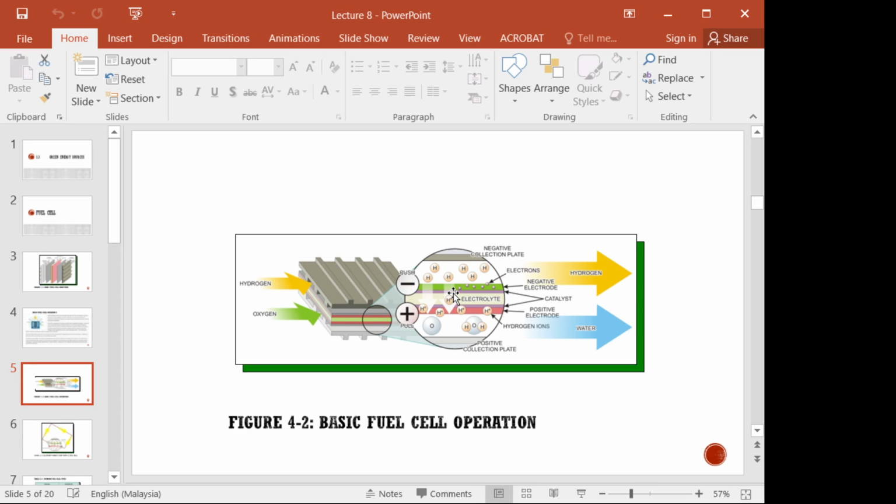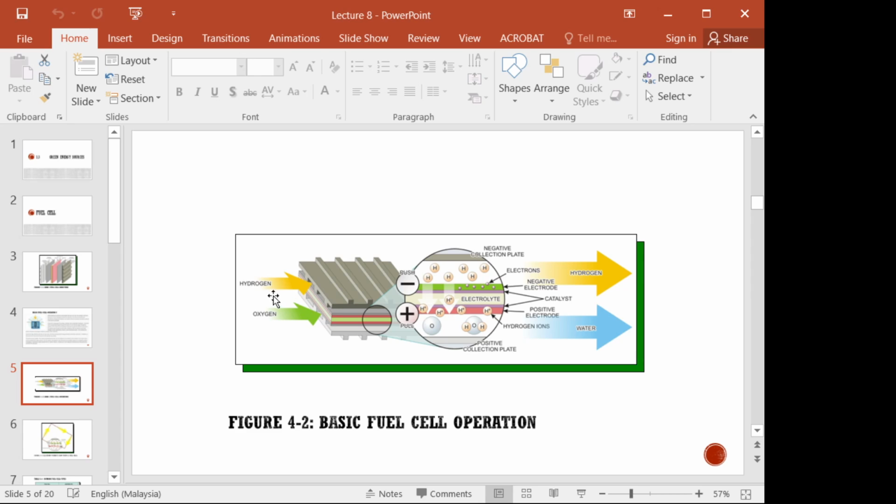The H+, or the protons, will pass through the electrolyte, the membrane, and go to the positive electrode, and the electrons will flow from the anode to the cathode that produces electricity, and as a product at the anode, it has high excess heat, and at the positive electrode or cathode, it has water as byproduct.